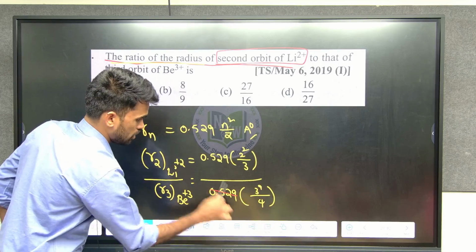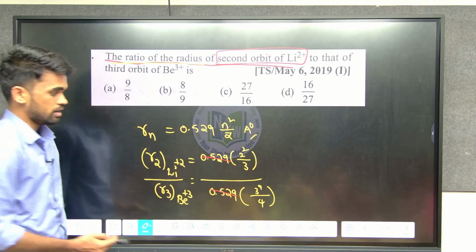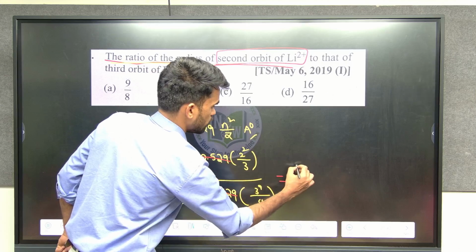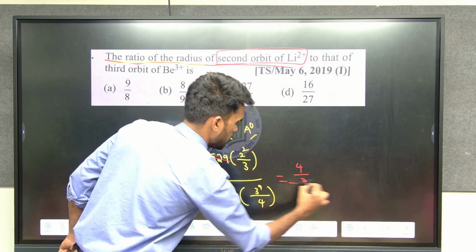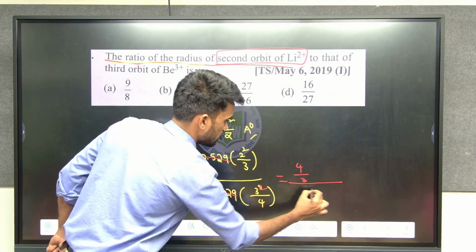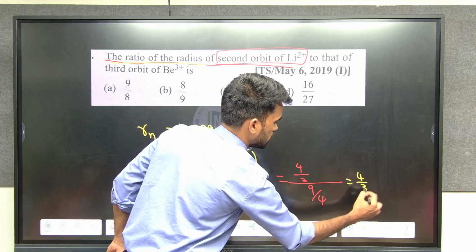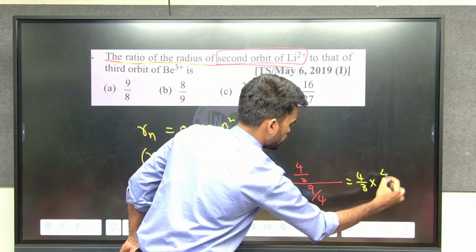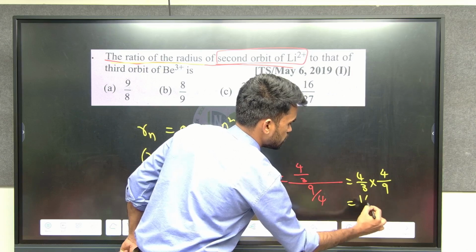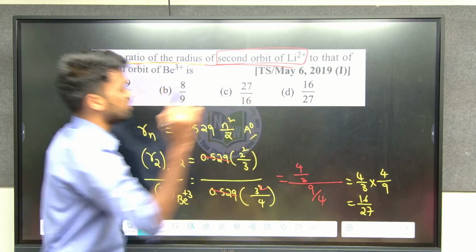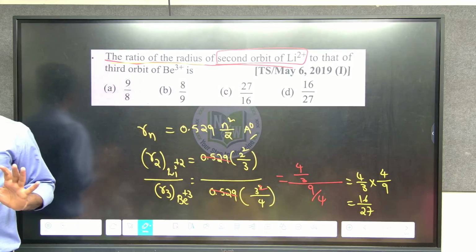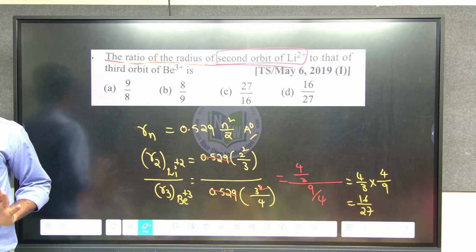This value we can remove. What is remaining? 4 by 3 by 9 by 4. So you can simplify this as 4 by 3 into 4 by 9, which is 16 by 27. Do we have any option? That's it. Everyone got the answer? Yes.